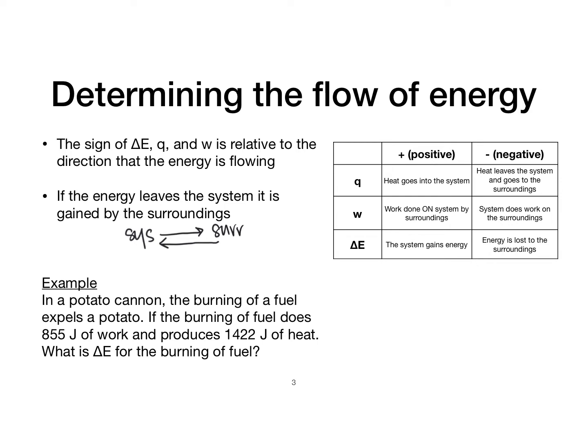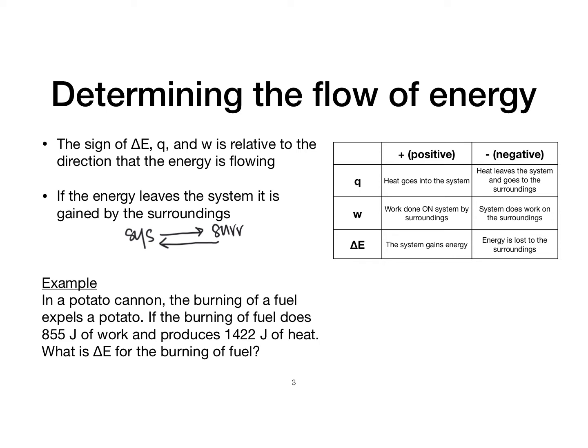So if we look at this table over here on the right, when heat goes into the system, Q is positive. When heat leaves the system and goes into the surroundings, it's going to be negative. So it matters where the heat is going and where it is coming from.